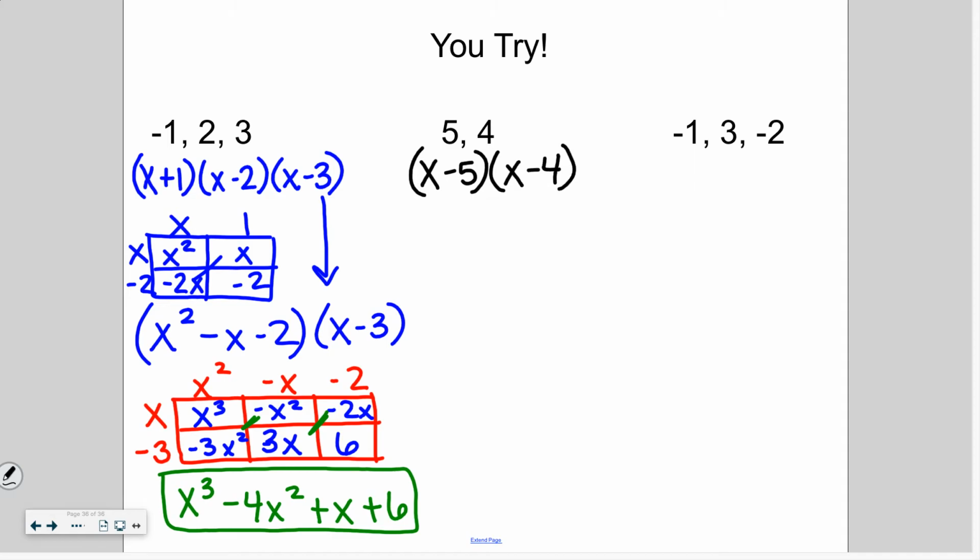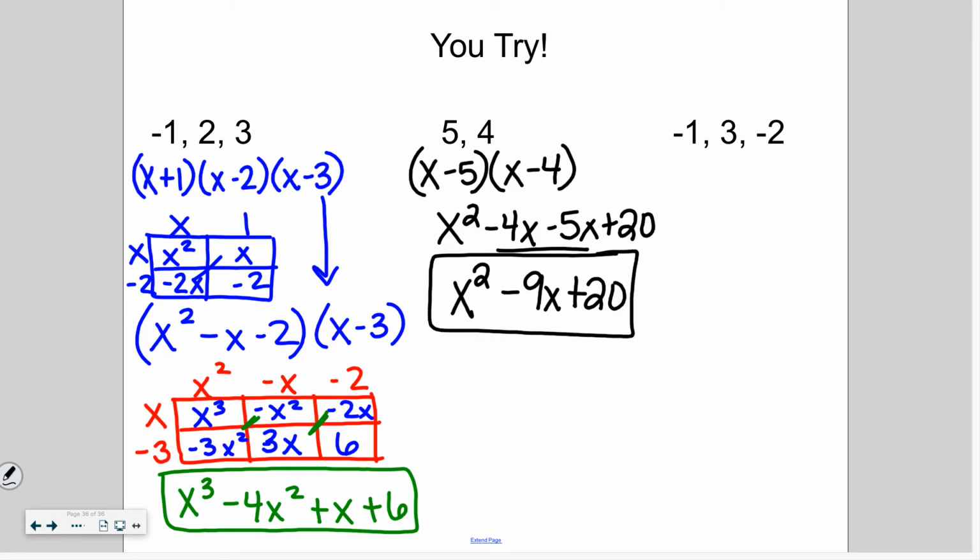So I'm going to box or FOIL. I'm going to FOIL this one. So I get x squared minus 4x minus 5x plus 20. Negative 4 minus 5, negative 9x.